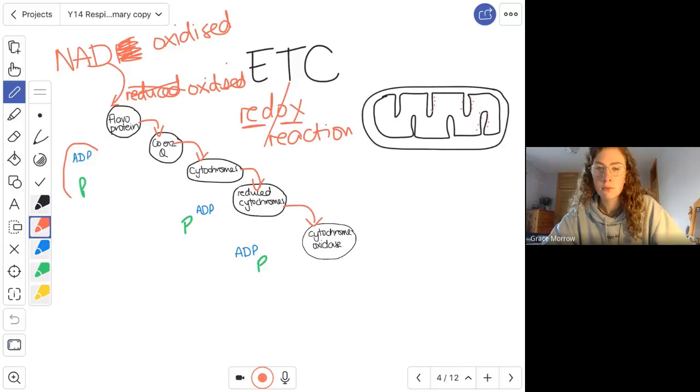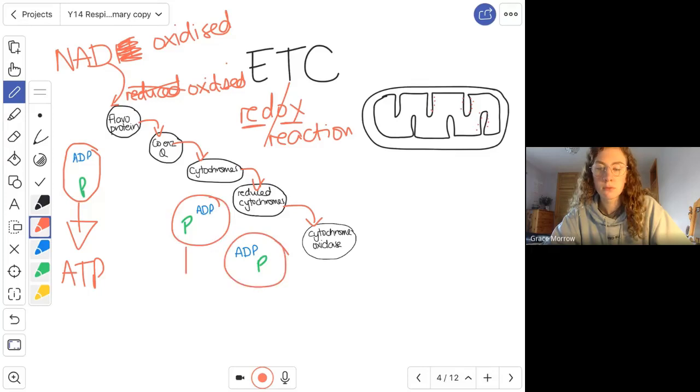Now, at various steps in this, there's enough energy liberated, enough energy freed up to allow a molecule of ADP to join a molecule of phosphate and to make ATP. And that happens at 3 steps.